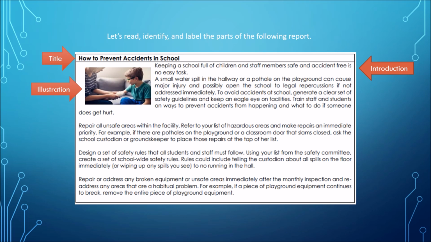Then the part where the information is presented is the middle part, called the body. And then last, the last part of the report, where the conclusions are presented, is called the conclusion. Excellent.